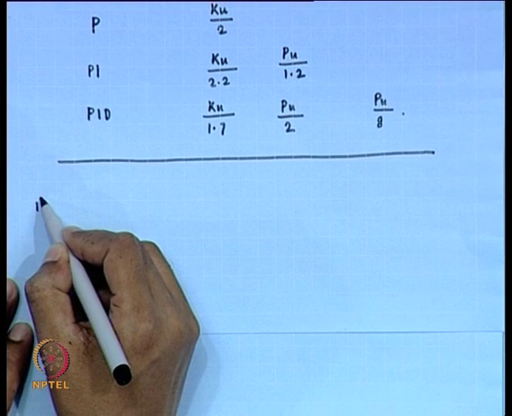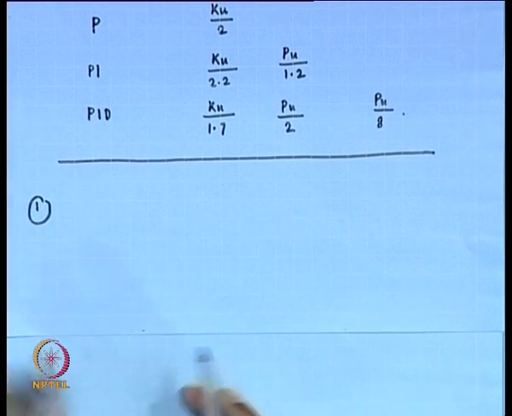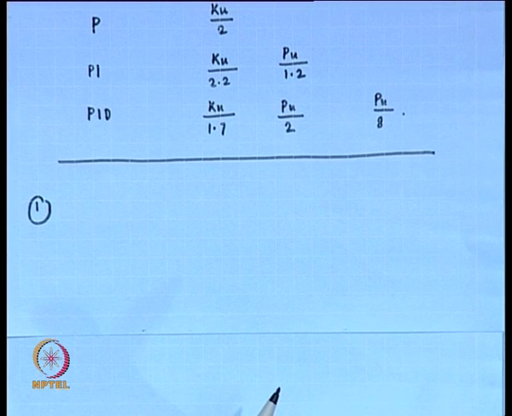Now, important points we need to note down. First point is the tuning relations are determined empirically to provide 1/4 decay ratio response.